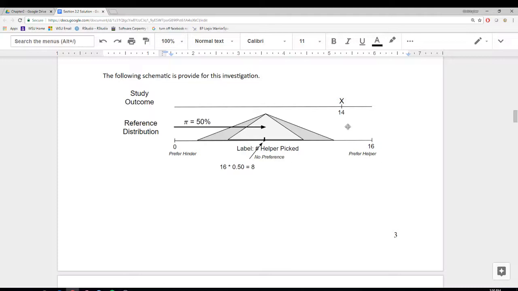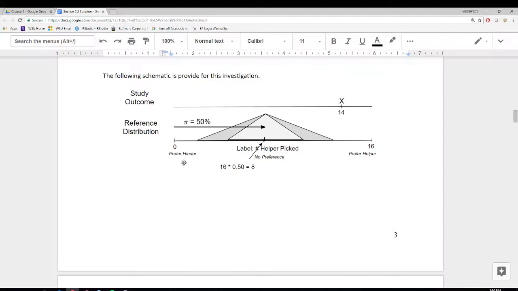If all of the children preferred the helper toy, so let's suppose that 16 out of the 16 children picked the helper toy, that's going to suggest preference for that toy. On the other hand, if none of the 16 actually picked the helper toy, they would have preference towards the hinderer toy.